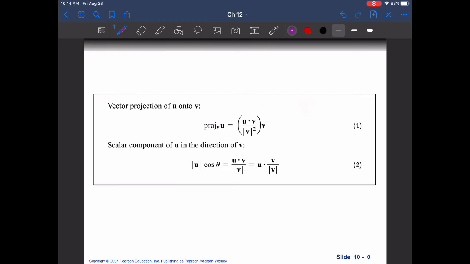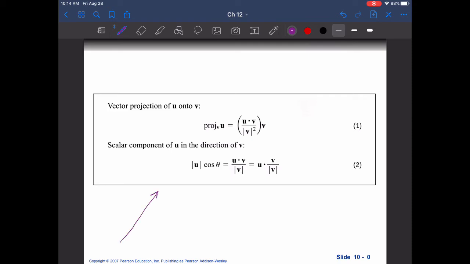And so here is the projection of u onto v. Now, the way I think about this one is I want to project u onto v, and we know that u dot v, if we dot two vectors together, we're multiplying the parallel parts together. And so I want to multiply those parts together, but I don't want the length of this vector v, right?